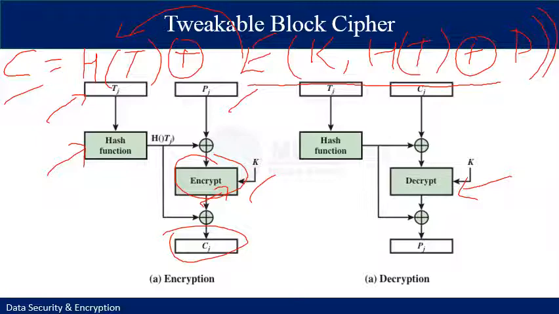The rest is the same. You combine the hash function with the input, perform the exclusive OR, then perform the decryption, and then on the output perform the hash function exclusive OR with the decrypted value to actually get the final outcome of the plain text.